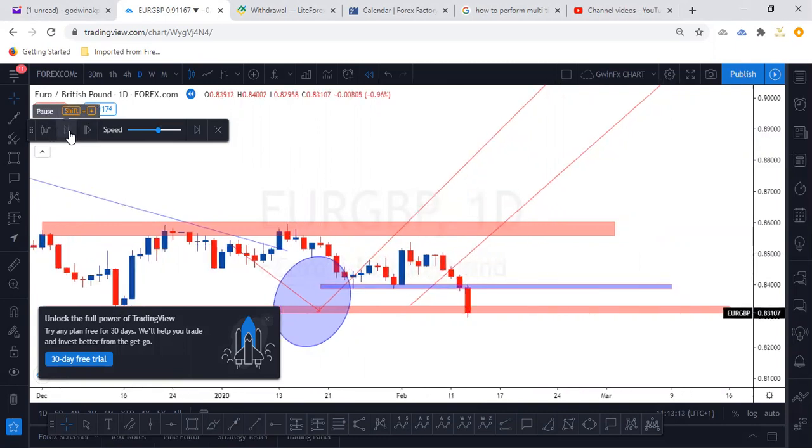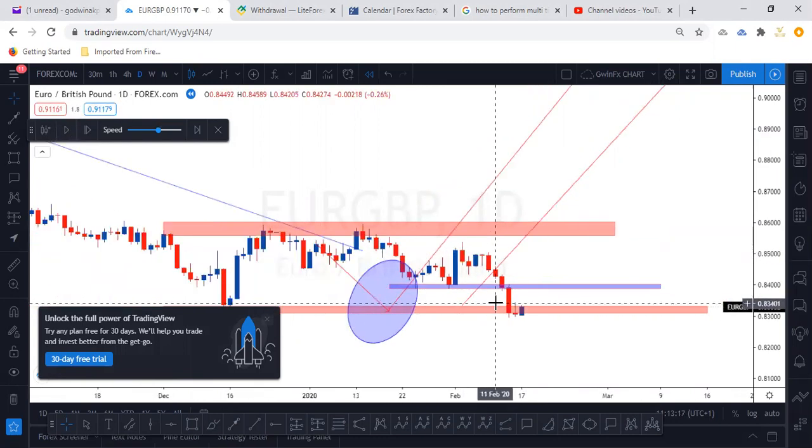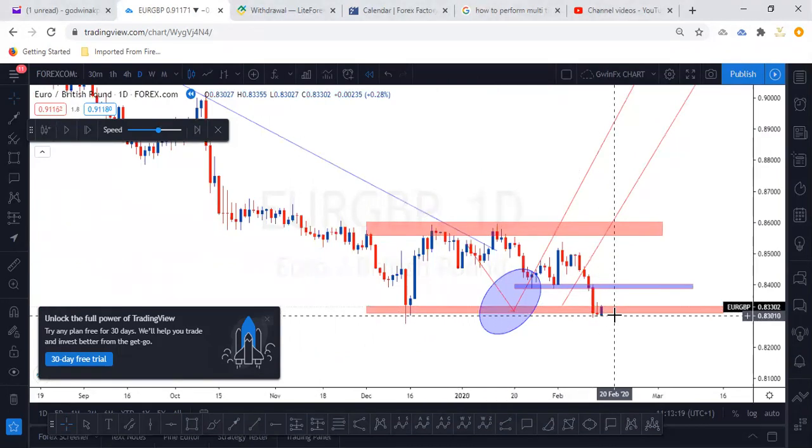You can see price came back to test the structure one more time, and you could see that after this strong candle here on the daily, this was Monday, Tuesday, Wednesday, Thursday, Friday.